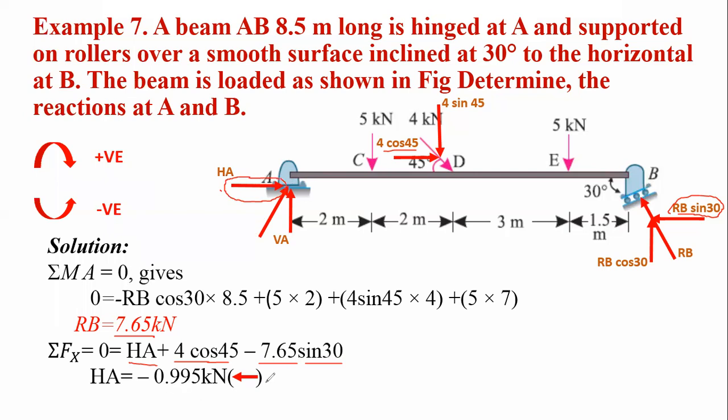The correct side is the left side. It means that your HA is 0.995 kilonewton, going in the left direction.